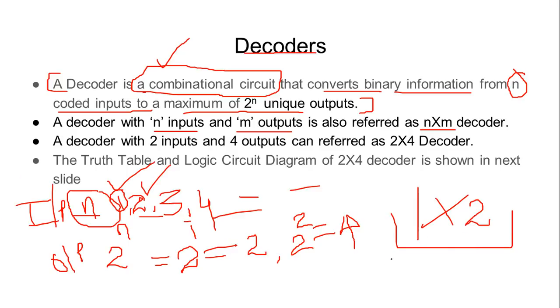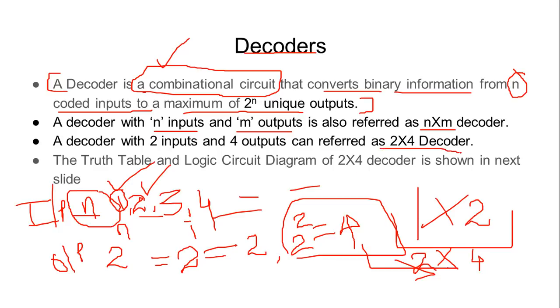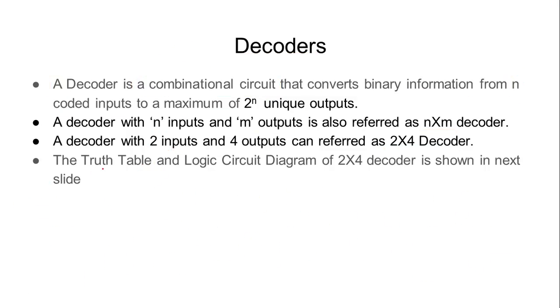Similarly, if the value of n is equal to 2, I know that the number of outputs will be 4. So 2 cross 4 will be the size of my decoder if I have 2 inputs and 4 outputs. In the same manner, let's discuss in detail the truth table and logic circuit diagram of the 2 cross 4 decoder.